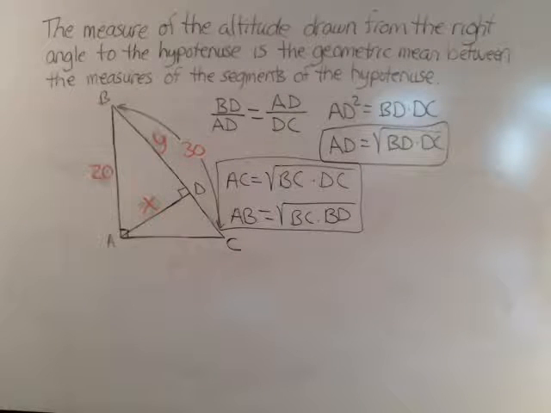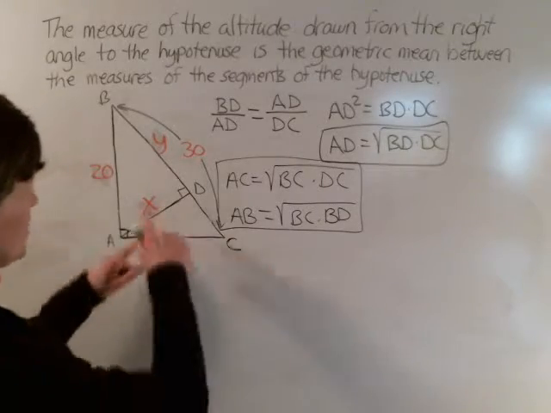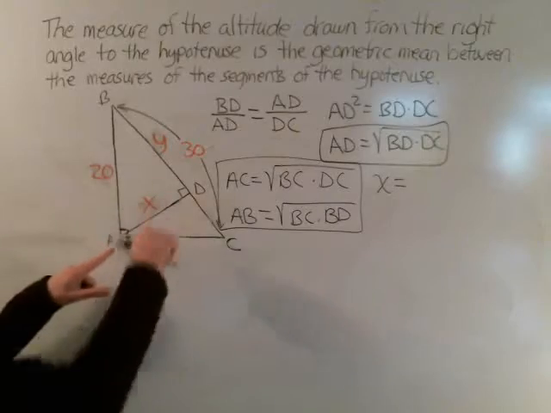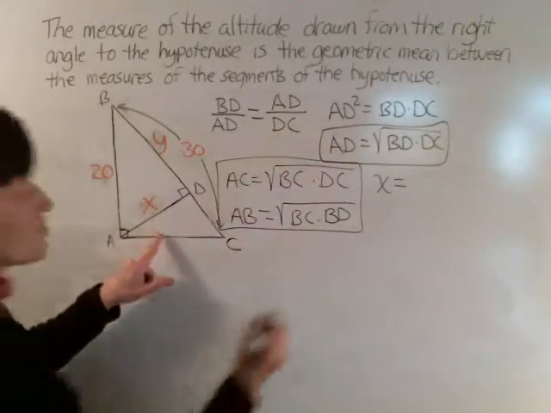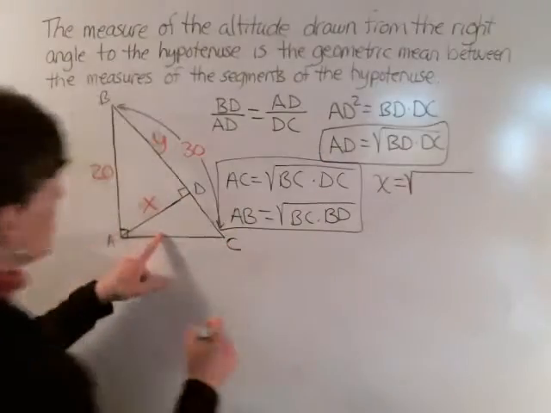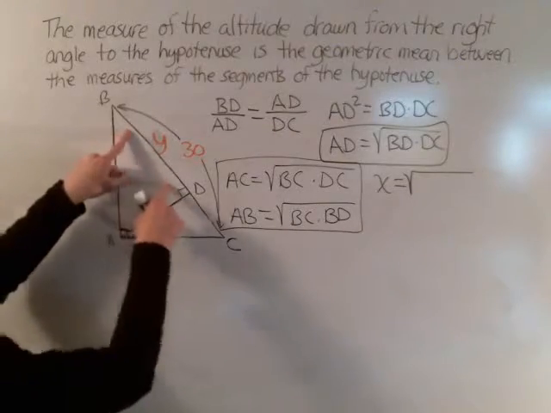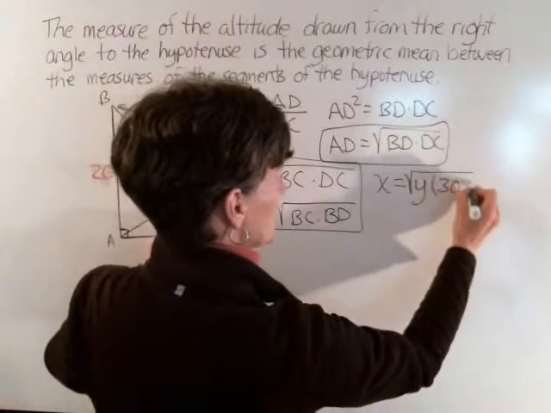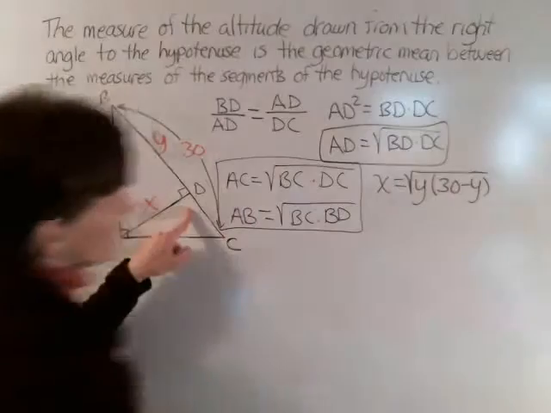All right, well, this time, when we write our equations, okay, so x is the altitude, it's like AD, so x equals the square root of BD, which is y, times DC, which is 30 minus y.